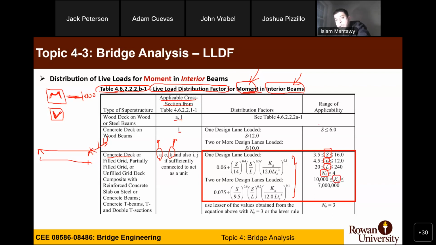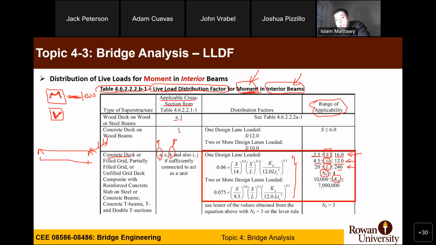In order to use this table, you have a range of applicability. If your spacing is more than 16 or less than 3.5, you cannot use the table. If the thickness is less than 4.5 or more than 12, you cannot use the table. If your span is less than 20, essentially not a bridge, or more than 240, you cannot use the table.